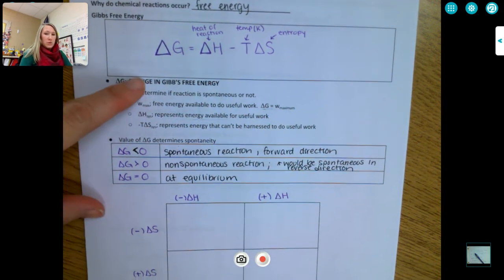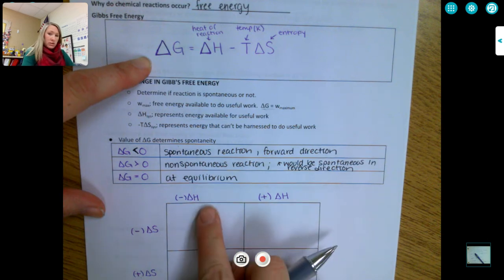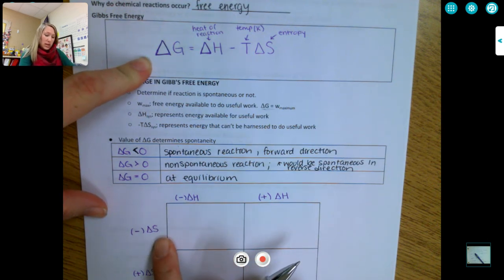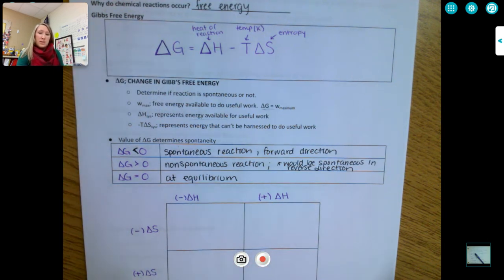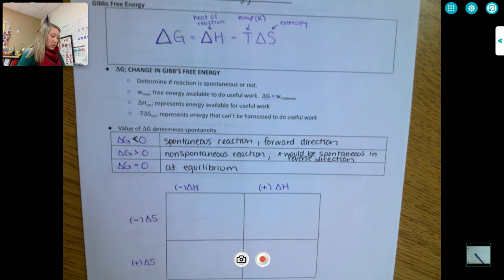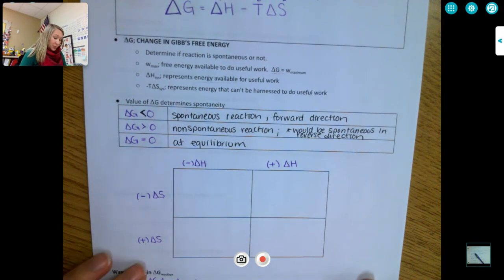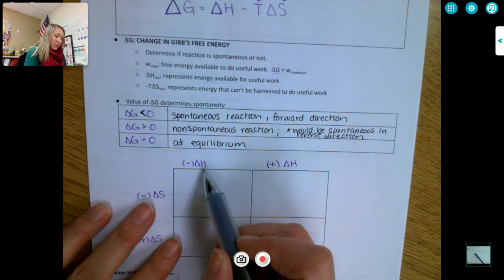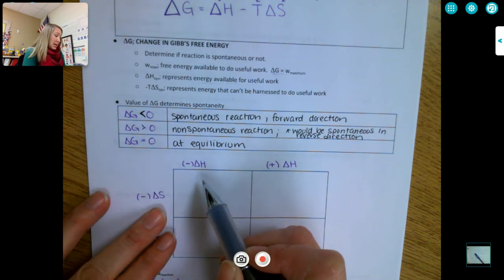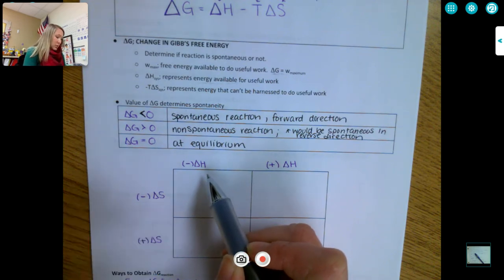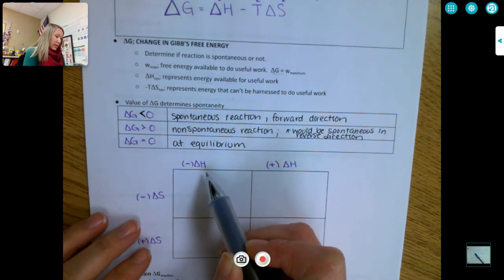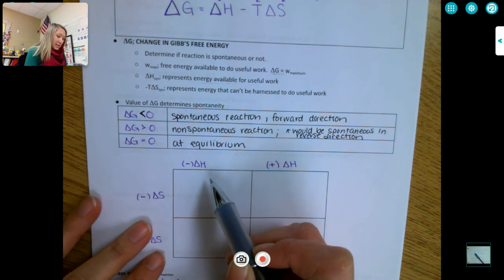Now, because of our formula here, we can look at our delta H values and delta S values and get an idea of whether or not our system is going to be negative and spontaneous for delta G or positive and non-spontaneous for delta G. So let's take a look. If I have a negative delta H and a negative delta S, so I have a delta H less than 0 and a delta S less than 0.